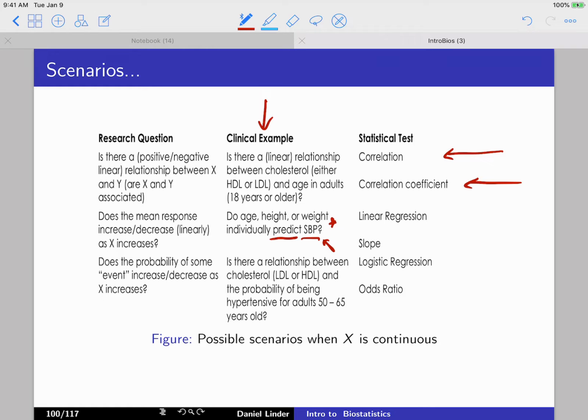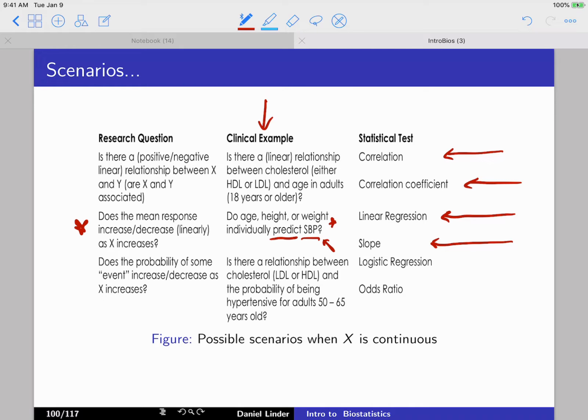You want to know how these variables, age, height, or weight, predict systolic blood pressure. For this kind of question, we would typically be interested in a linear regression, and the slope, which is a parameter that we estimate in a linear regression, tells us how changes in one variable affect the other variable. So the actual research question here is, does the mean response increase or decrease linearly as x increases?